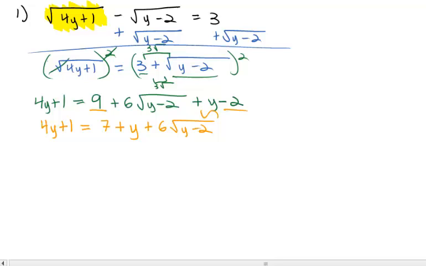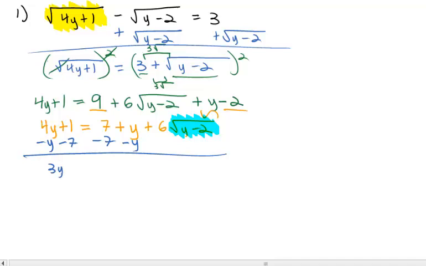Now we have a single square root that we need to get alone so that we can solve it. So we go back to what we did before. Subtract 7 and subtract y, getting the radical alone. We have 3y minus 6 equals 6 square roots of y minus 2.